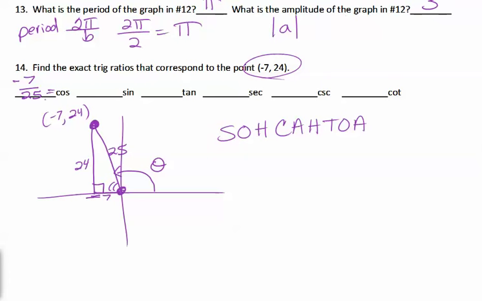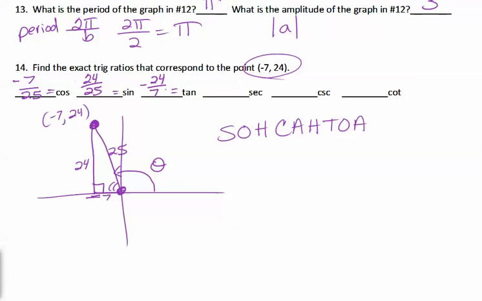So horizontal to hypotenuse. The sine would be the vertical, that's positive, to the hypotenuse. The tangent is the vertical to horizontal, or y to x, or opposite to adjacent, whichever you want to think of it here.